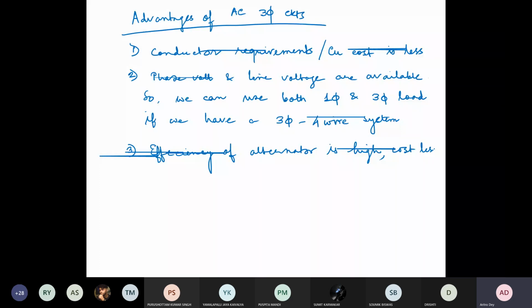And then what else? As I told, your losses of transmission are also less to deliver the same power.